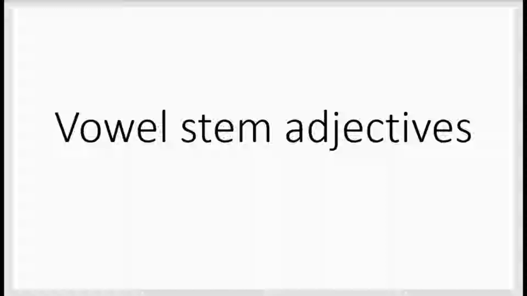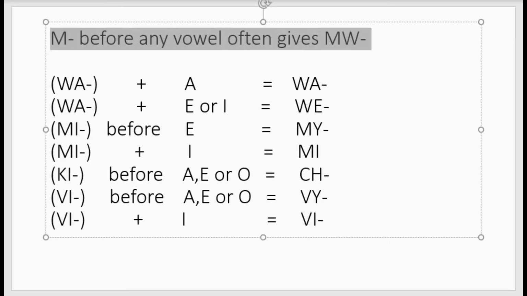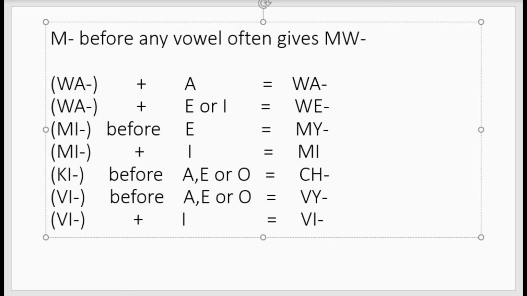The m-wa before any vowel often changes. For example, wa plus a, you get mwa. Wa plus a or e, we get mwe.